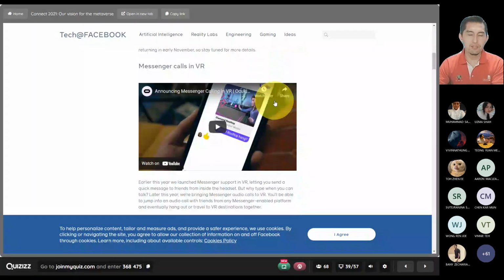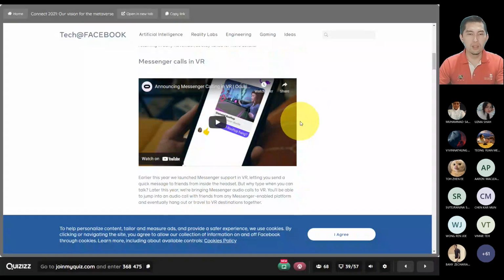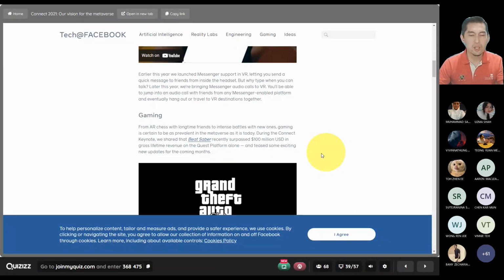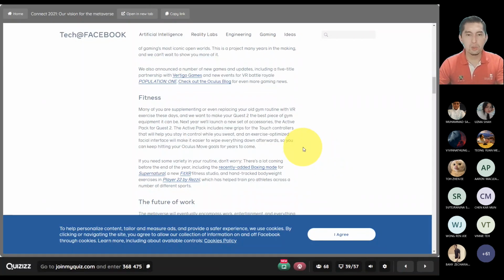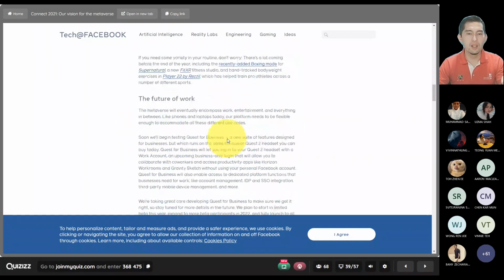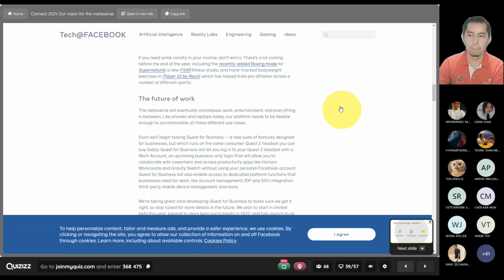So the main platform itself, in terms of then looking at how messenger calls will change, looking at how gaming will change, looking at how fitness will be different, and of course, as well as the future of work, right? There's a huge chunk and area of Metaverse which is dedicated for work and for businesses as well.